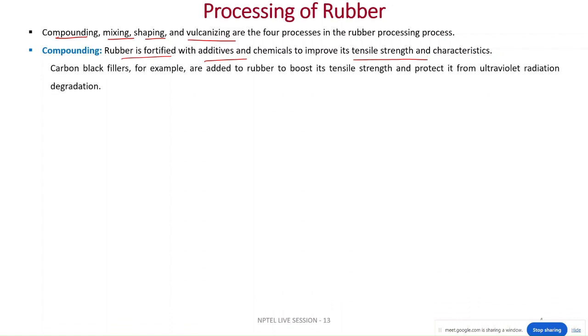For this, we are adding carbon black fillers to give the rubber more tensile strength and protect it from degradation by ultraviolet radiation. There are other compounding agents also, which we will discuss in the further slides.